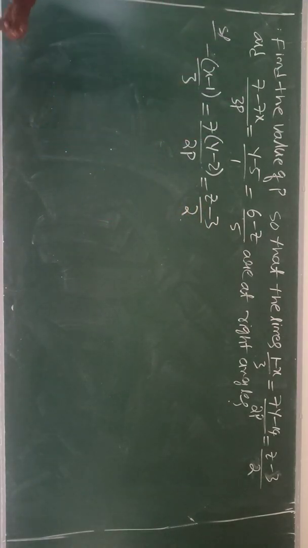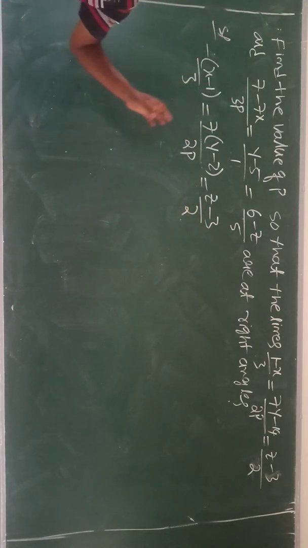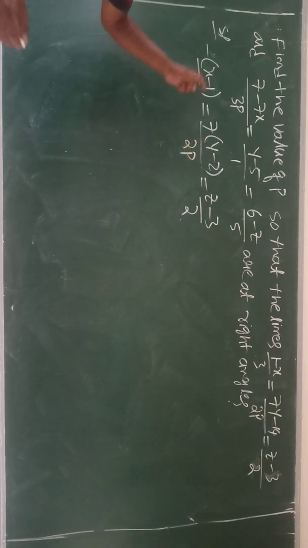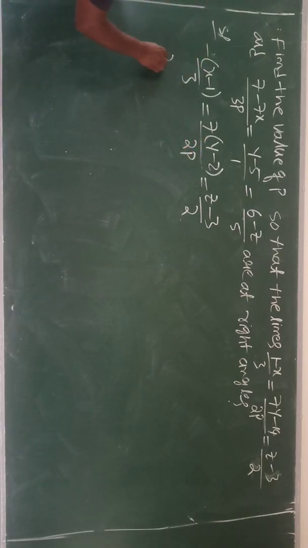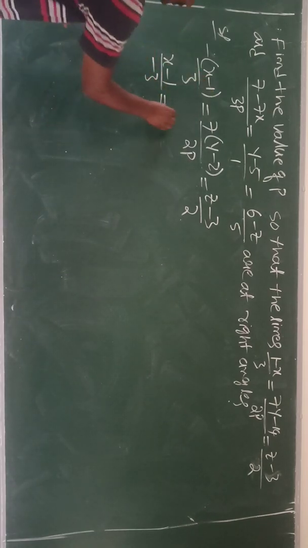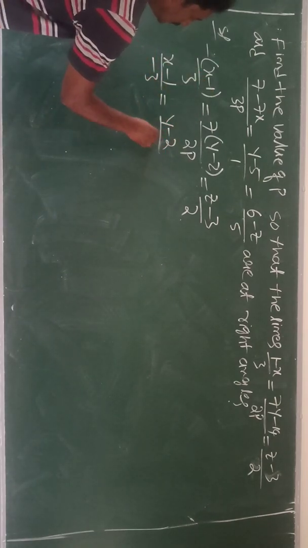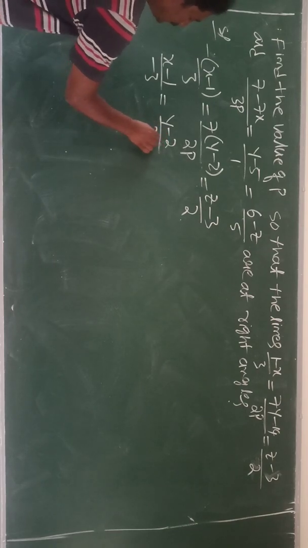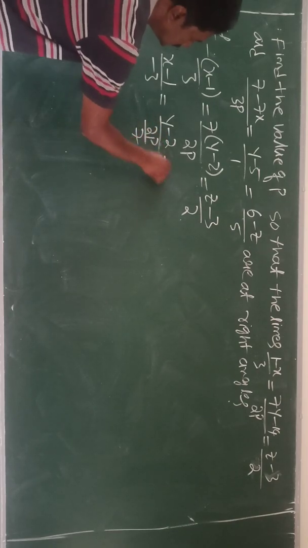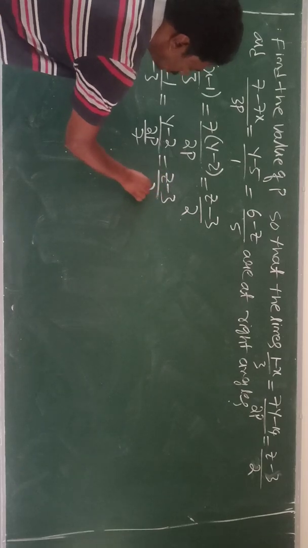Now rearrange these terms, students. Bring that minus down: (x minus 1) by minus 3. Bring that 7 down: (y minus 2) by 2p by 7. Then (z minus 3) by 2.